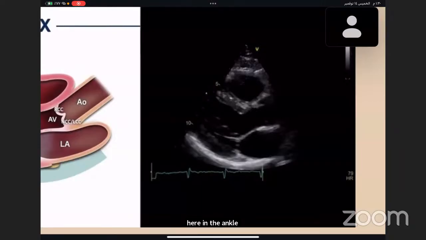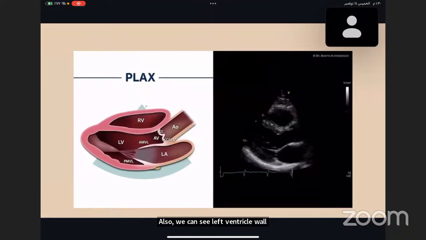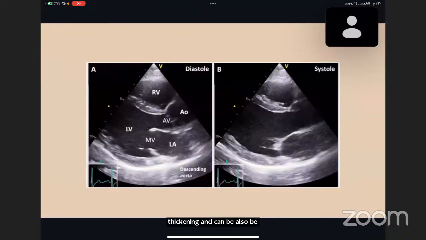Also, we can see left ventricular wall thickening, and the thickness of the left ventricle can also be assessed. In this picture, we can see diastolic and systolic phases with the aortic valve.